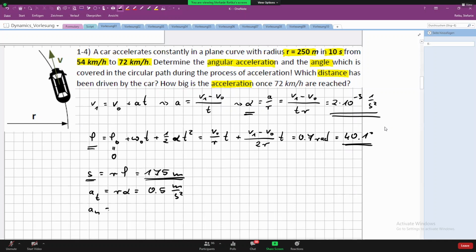Then a_normal is v1 square over r, or omega square times r, which is 1.6 meter per square second. And from that, we can find the absolute acceleration, which is 1.68 meter per square second.